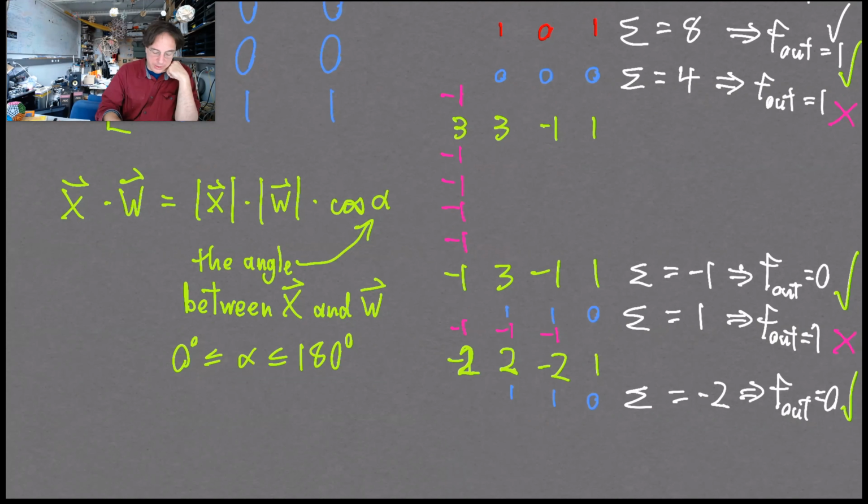And cosine of alpha, right? If you imagine the cosine function, it looks something like this.